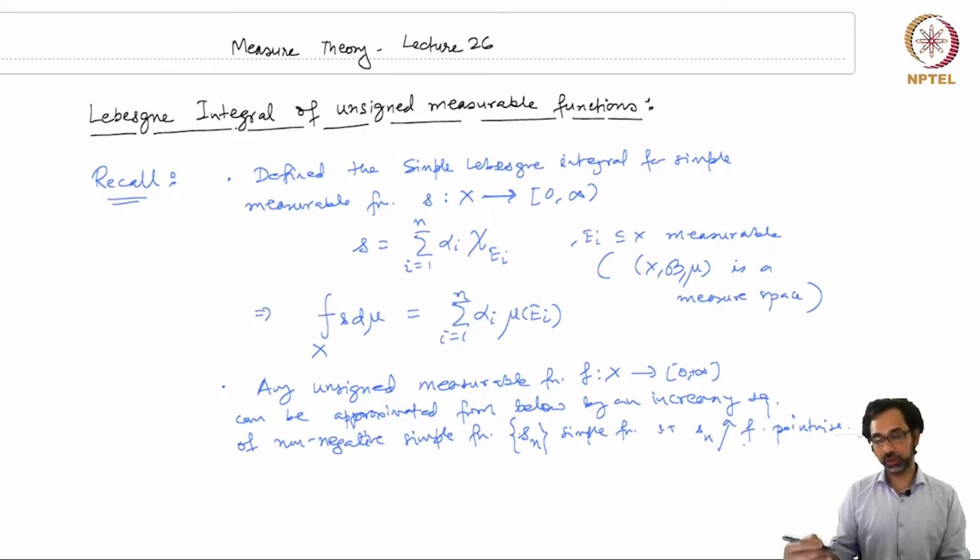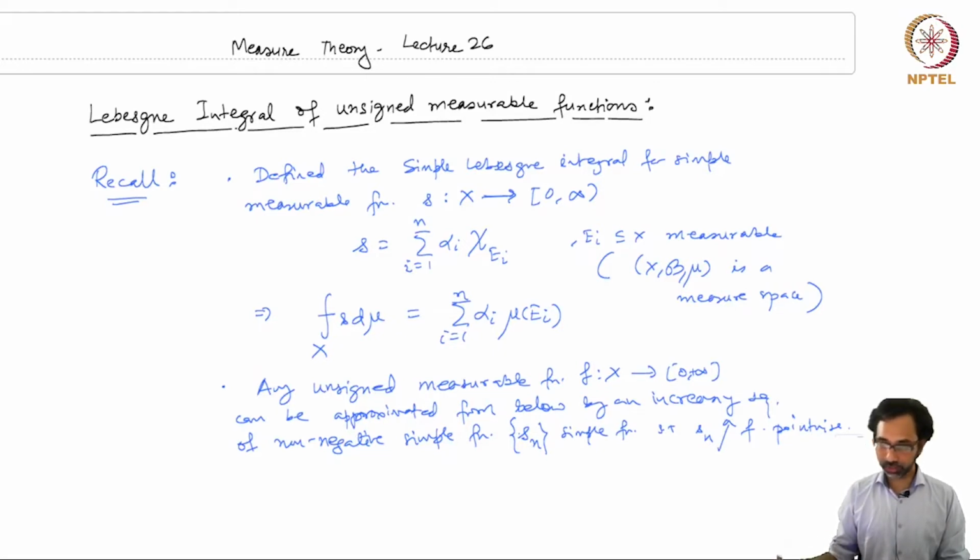We have defined the Lebesgue integral for simple functions, and we know that there always exists a sequence of simple functions that converges from below to any unsigned measurable function f.